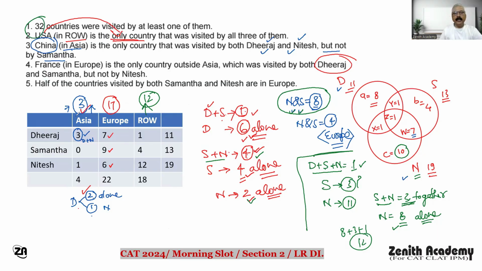So I think it is clear. There are 32 countries: 3 in Asia, 17 in Europe, and 12 in the rest of the world. Is it clear? So I think now every point is clear. So this Venn diagram was very, very helpful in this process. So now see the final presentation of this.